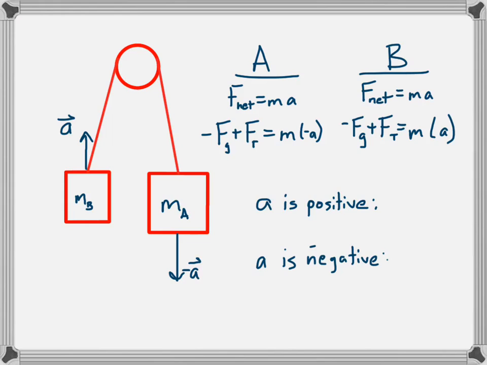If you get a value of a that is positive, that means that you guessed correctly. That means that it really is this block that is accelerating in the negative y direction. So if a is positive, you guessed right.